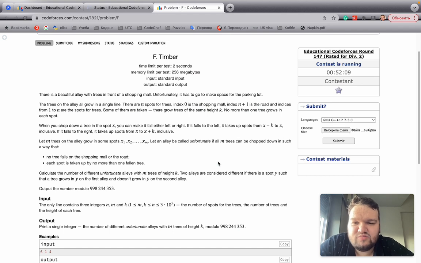Okay, the last problem F. Some American issues. The beautiful alley with trees in front of a shopping mall has to go to make space for the parking lot. That makes sense.